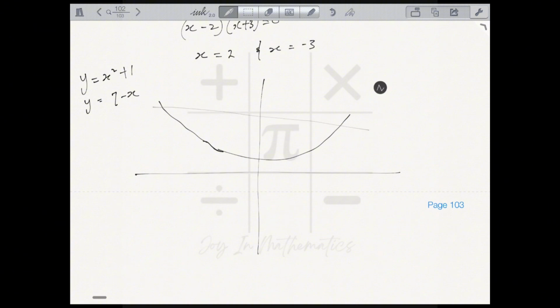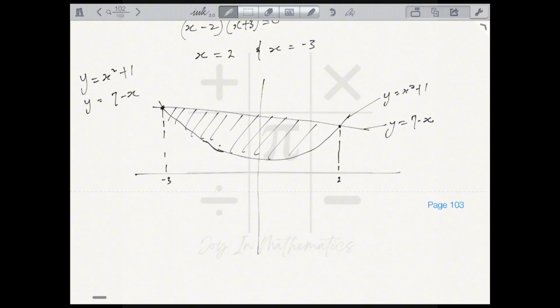Therefore, this point here is minus 3, and this point here is 2. This is the graph of y is equals to x squared plus 1, and this is the graph of y is equals to 7 minus x. And we are asked to evaluate the area between the two curves.